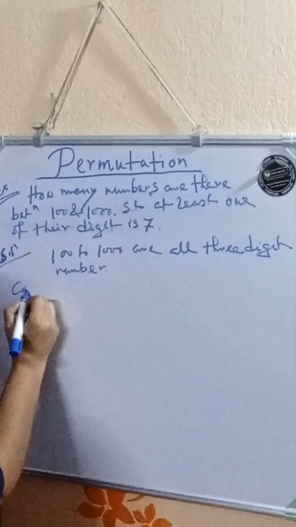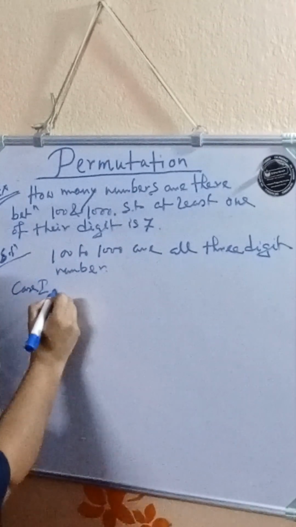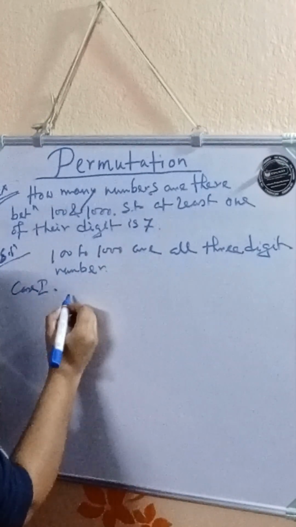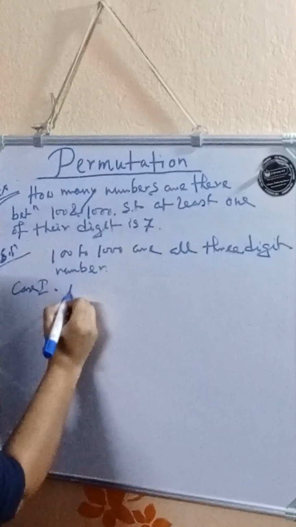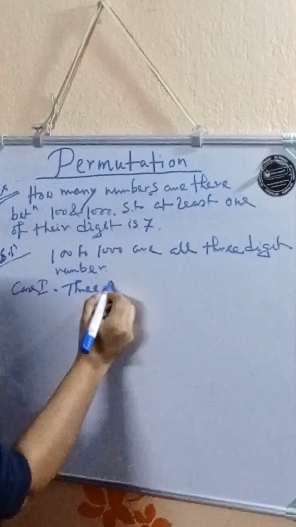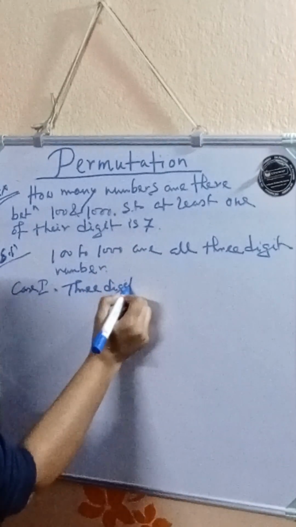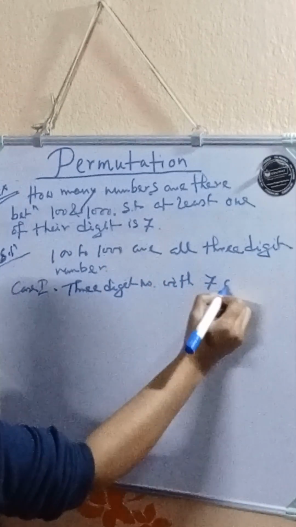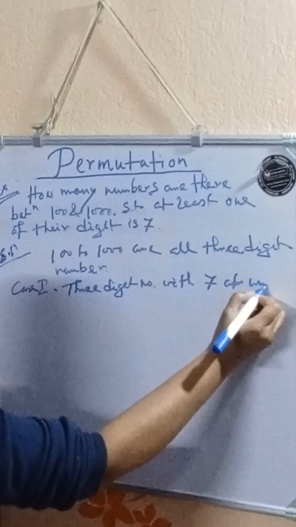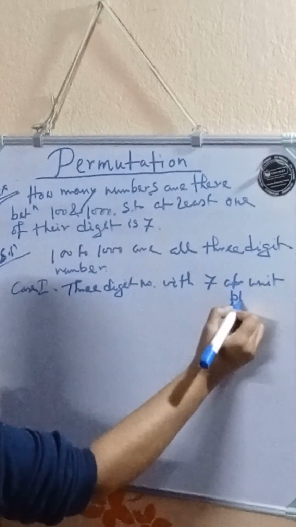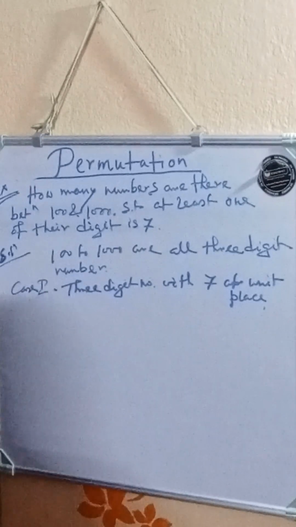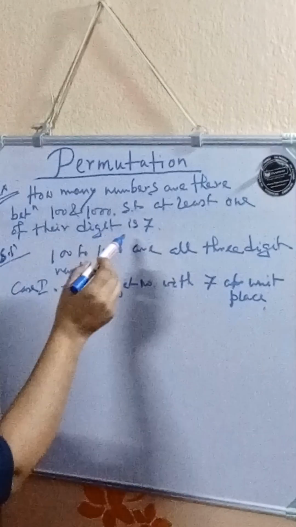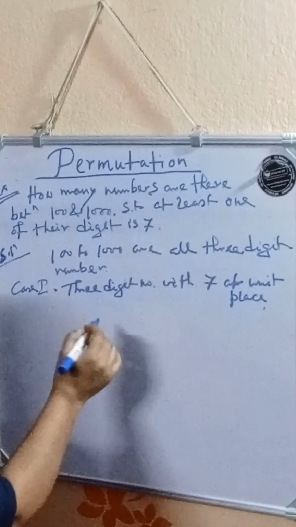Case 1. Three-digit numbers with 7 at the unit place, as at least one of their digits must be 7.